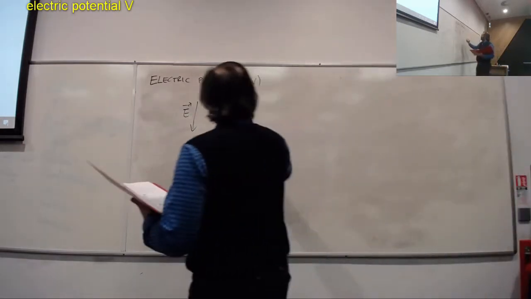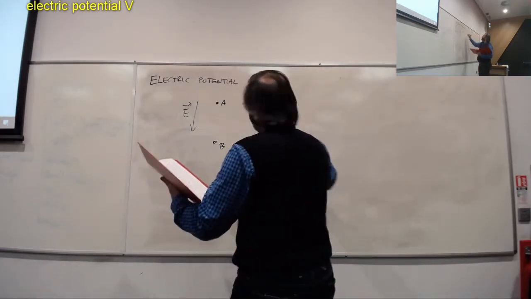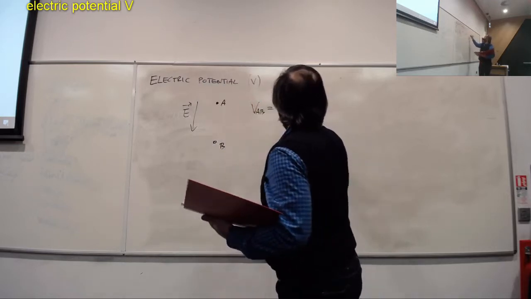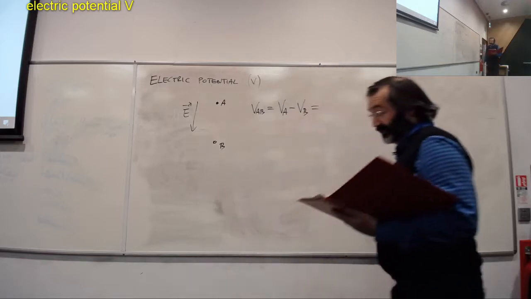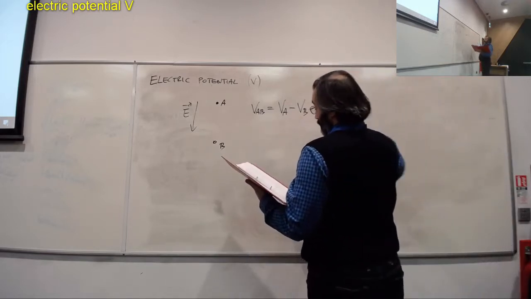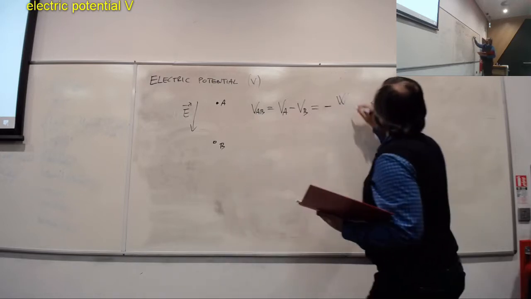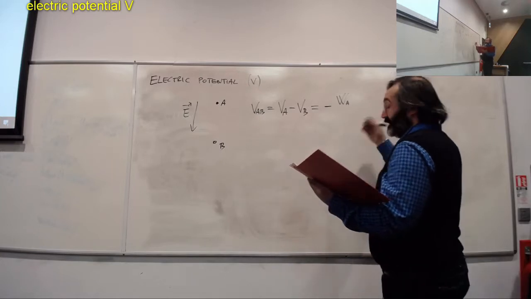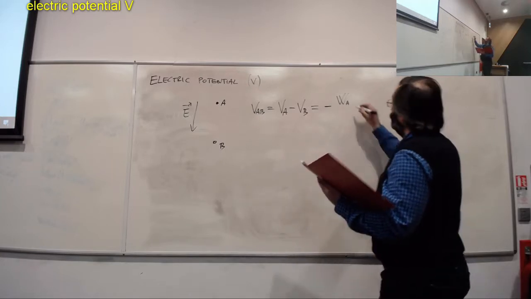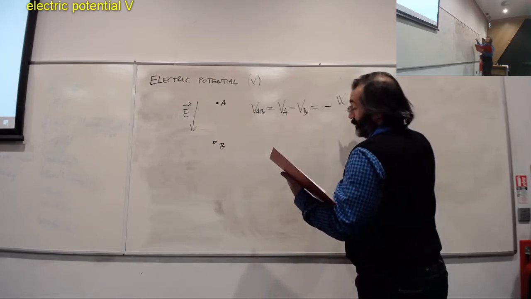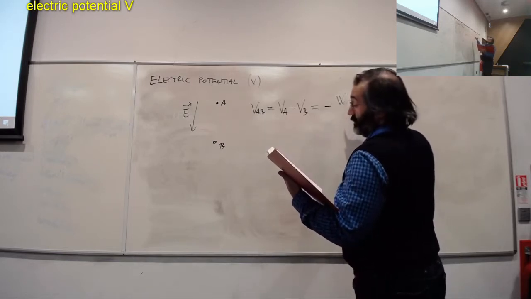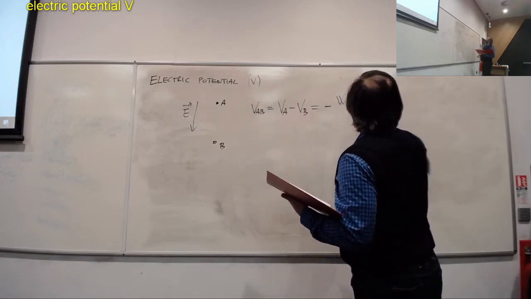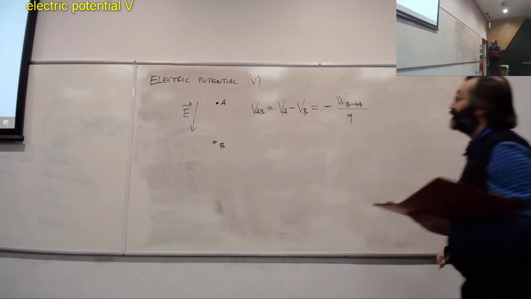Then we will define VAB, which is VA minus VB, the work done by the electric field to take the elementary charge Q from B to A, divided by the elementary charge.